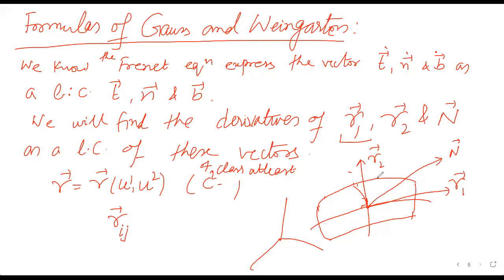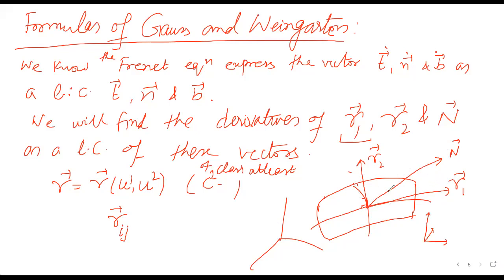It need not be tangent to the surface, but it will lie somewhere in the space generated by R1, R2 and N. You have three vectors R1, R2 and N. Any vector Rij which is a derivative of R1 or R2 will be lying in the space generated by these three vectors.